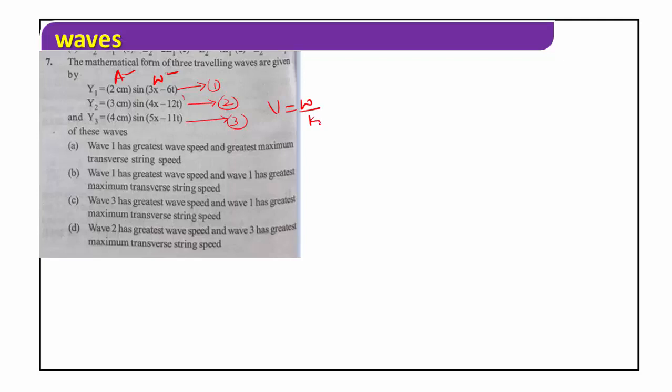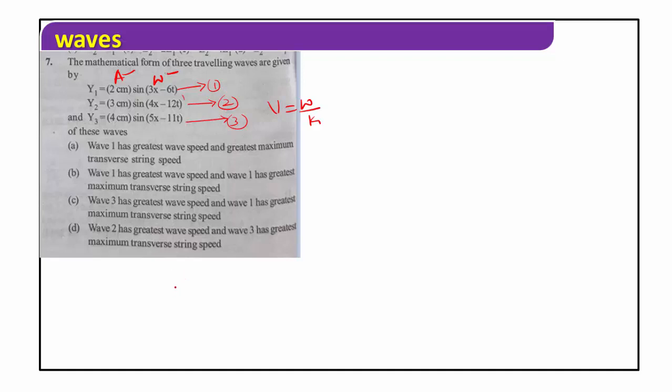Wave 1 has the greatest wave speed and wave 1 has the greatest maximum transverse string speed. Option C, wave 3 has the greatest wave speed and wave 1 has the greatest maximum transverse string speed. Option D, wave 2 has the greatest wave speed and wave 3 has the greatest maximum transverse string speed.